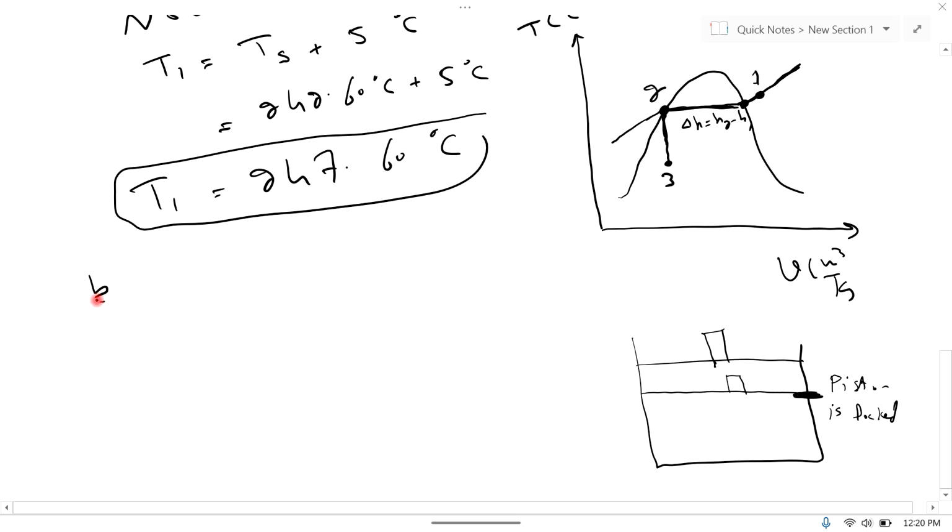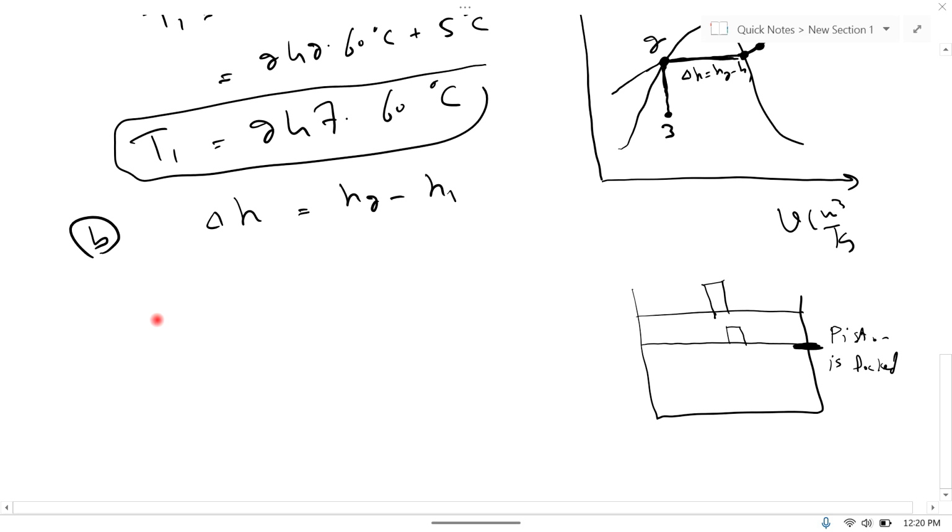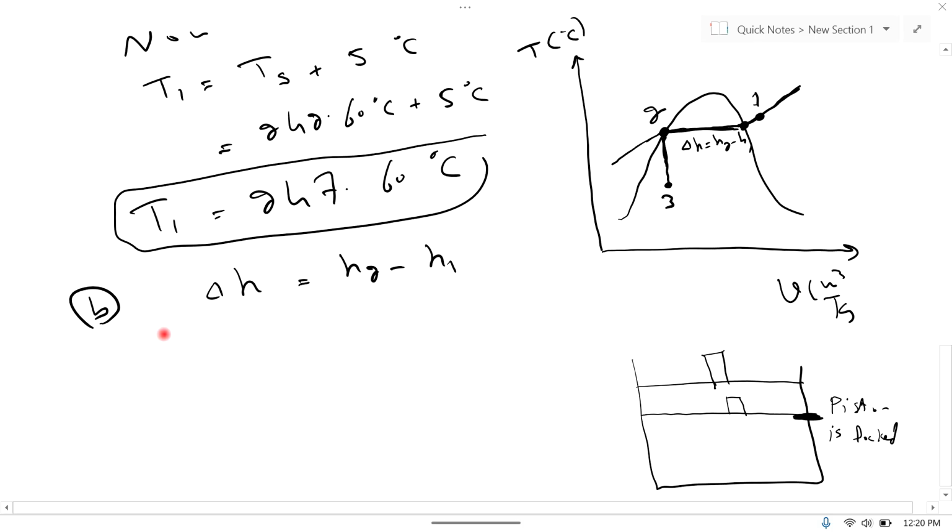Now at part B we find del H, which is equal to H2 minus H1. So first we find H2 and H1. H1 is in the superheated region.